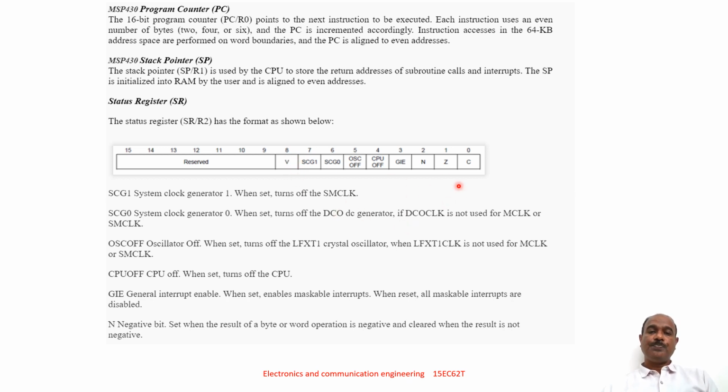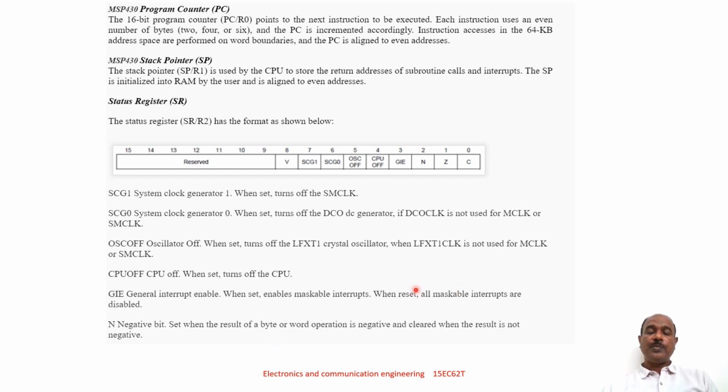Then the negative flag. This bit is set when the result of a byte or word operation is negative. Whenever I perform any arithmetic or logical operation in the MSP430 microcontroller, just remember that the data can be either an 8-bit number or a 16-bit number.